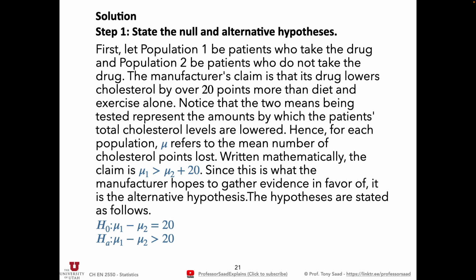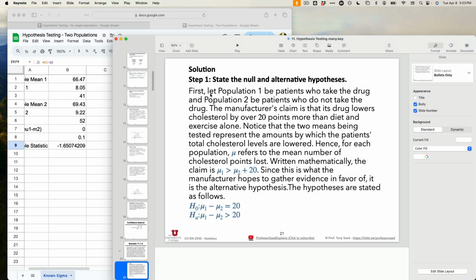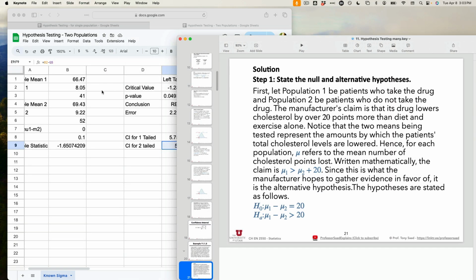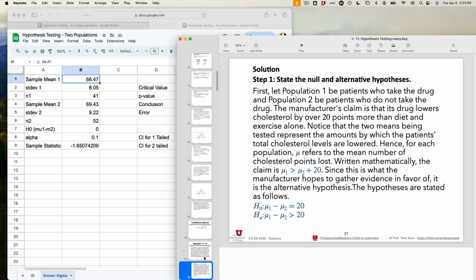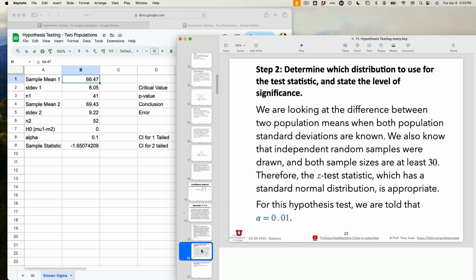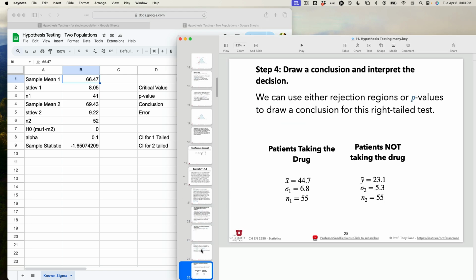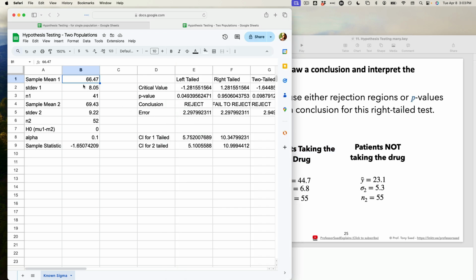Okay, so now we can just punch these numbers into our amazing spreadsheet. So sample mean 1, let's come back here. We're going to say population 1 is patients taking the drug. So this is going to be my X bar, and it's 44.7.